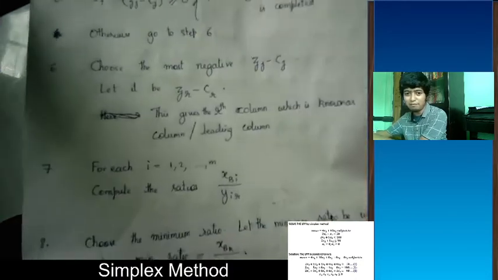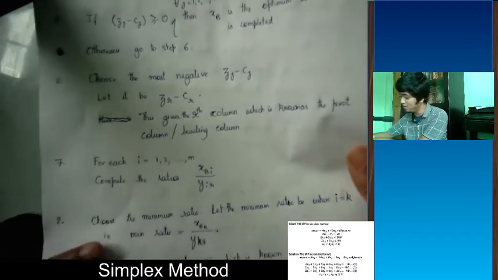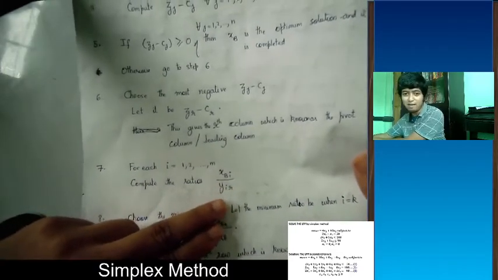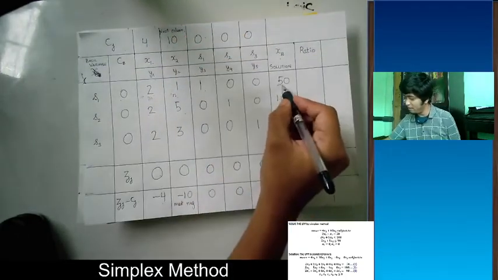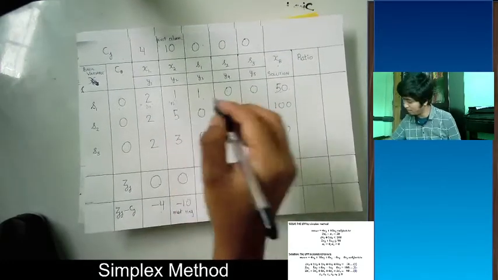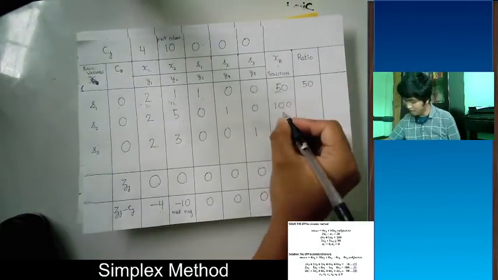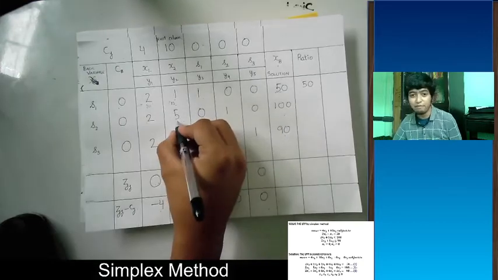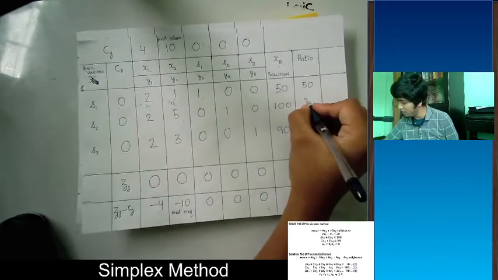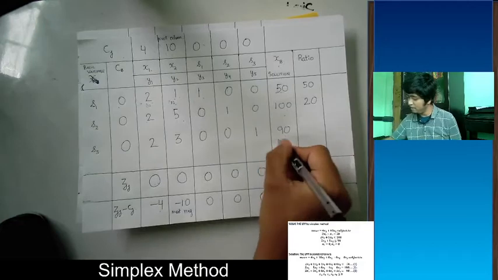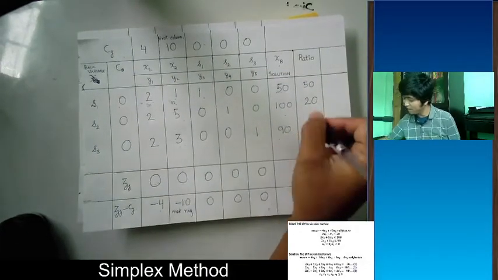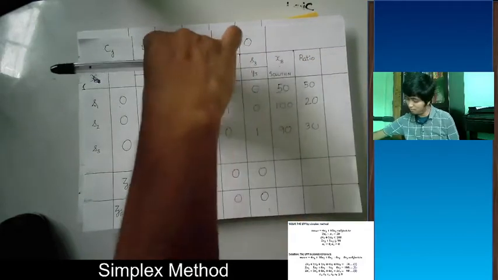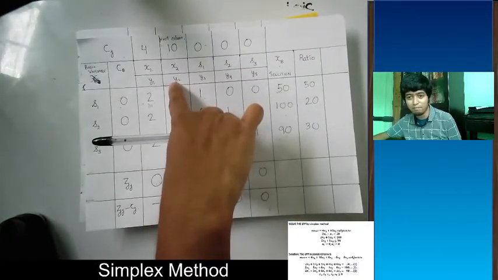Now we will have to calculate the ratio, which is step number 7. Compute the ratios xBi by yir. xB divided by this column: 50 divided by 1 gives you 50. 100 divided by 5 will be 20. 90 divided by 3. How did I get this one? We are dividing this solution by the entries in the pivot column.